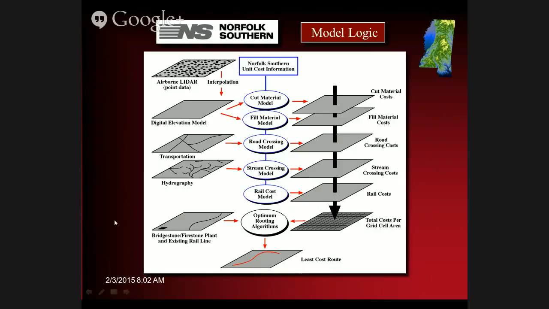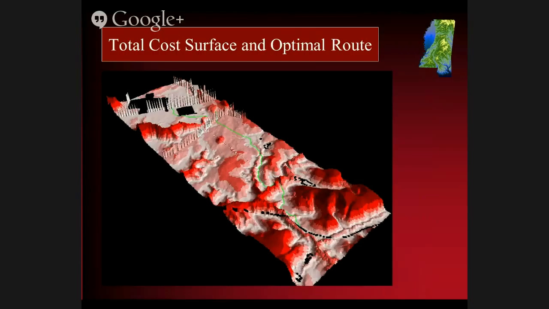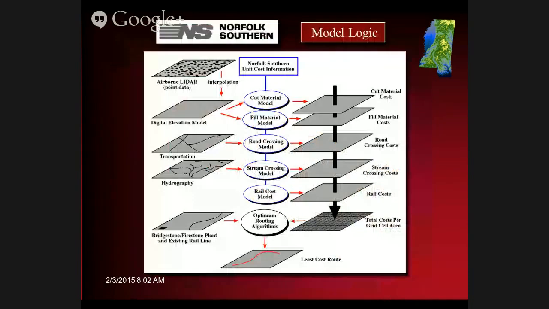Okay. All right, so here is a visualization of the inputs. So this is the LiDAR data set that was used. Well, this is the DEM built from the LiDAR data set that was used to build the model. Okay, so that was converted as one of the primary inputs to the total cost. So this data set here is this total cost.